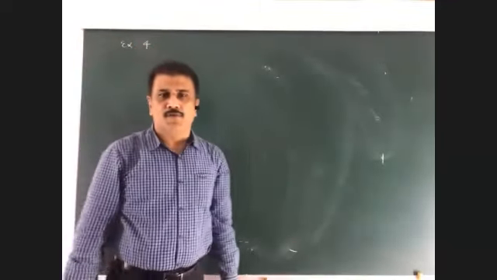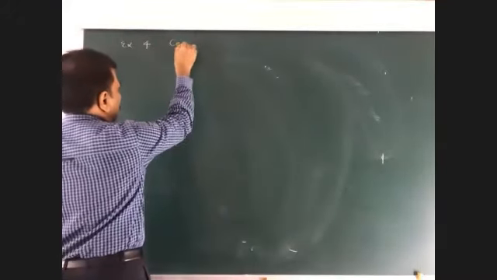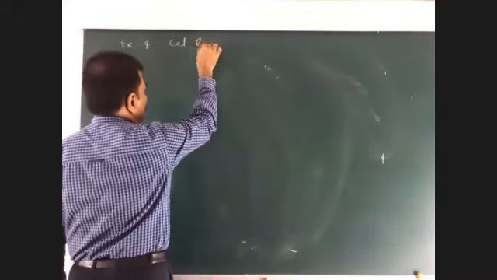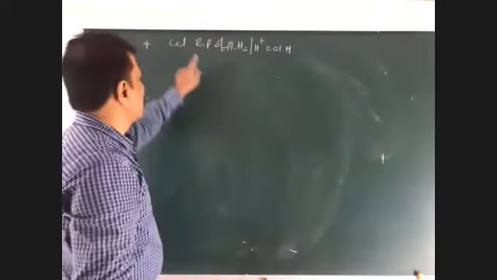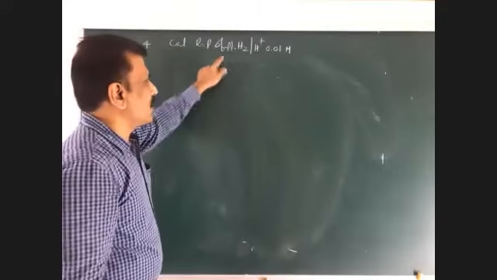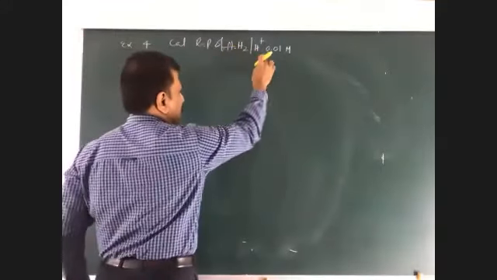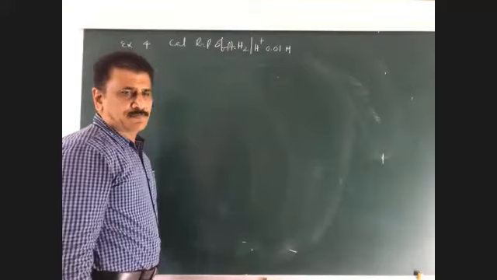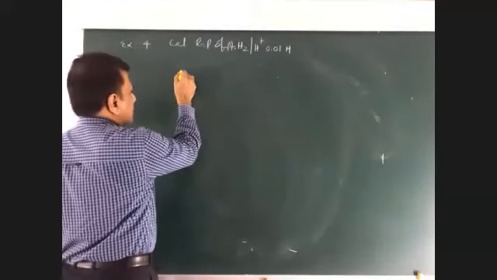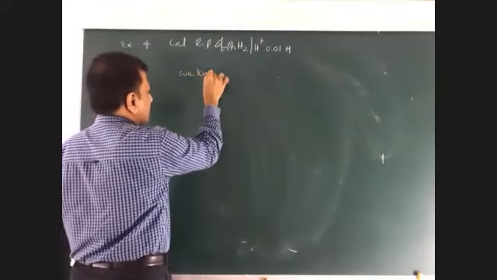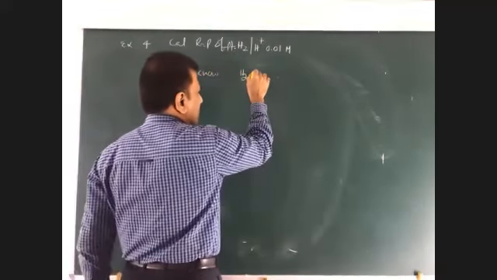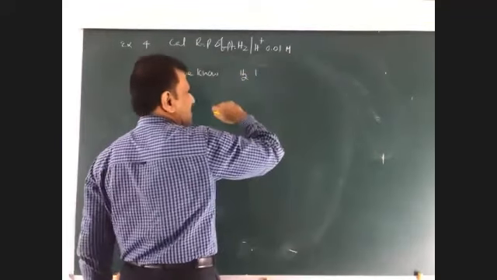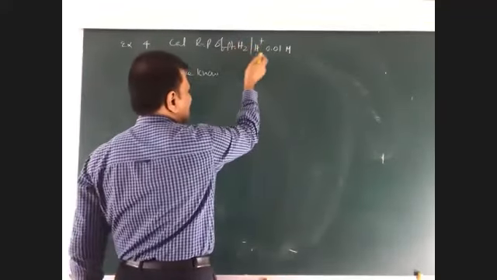Now, look at example 4. Calculate the reduction potential of which electrode? Hydrogen electrode. Now we know H2 changes to H plus or H plus changes to H2. Is this oxidation or reduction?